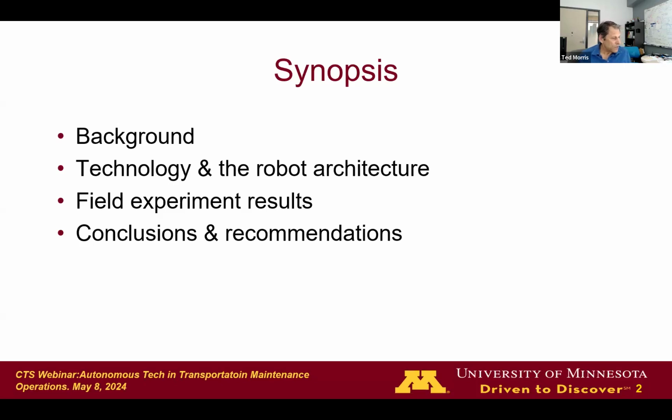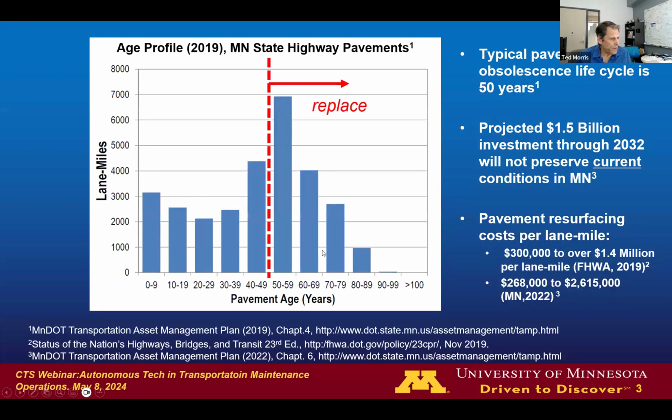I'll go over some of the technology and robot architecture, not in excruciating detail today. I'll mention the full report for those that want to delve into more of the real details, a few experimental results that I'll talk about, and just our general conclusions and recommendations.